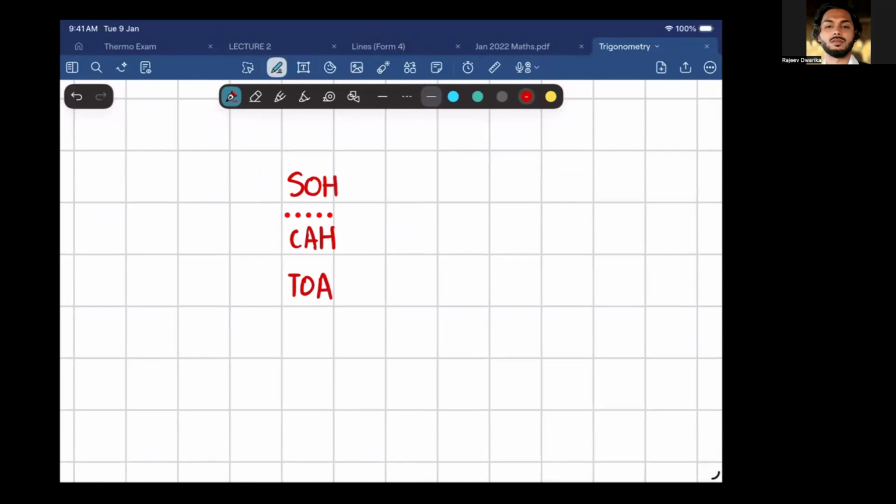Simran, let's start off with SOH. That means that sine theta is equal to what over what? Opposite over hypotenuse. Right. So you see these last two letters in the way to remember it. Those are the terms you're going to put in the fraction. So O first and H. Okay, what about CAH?